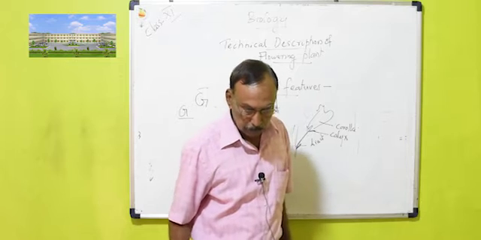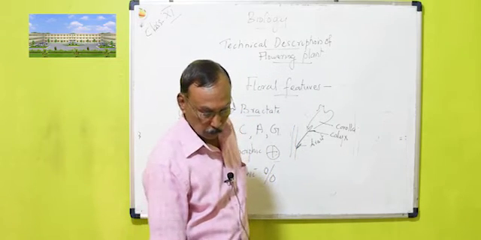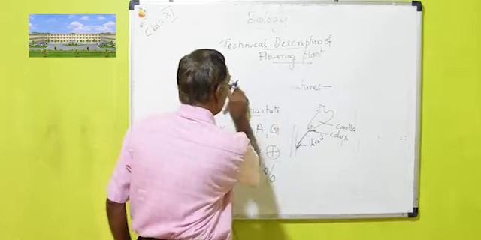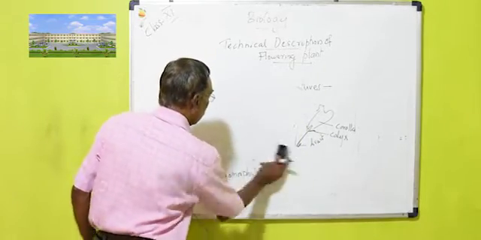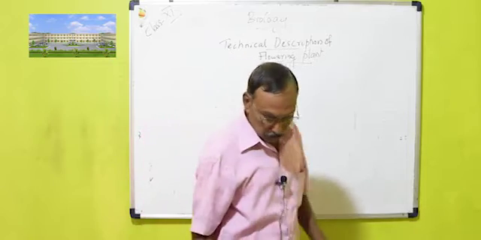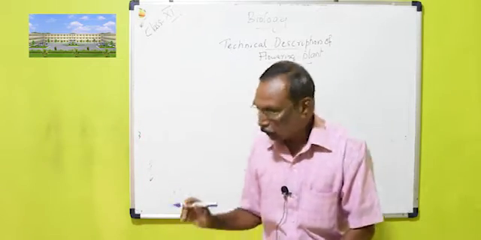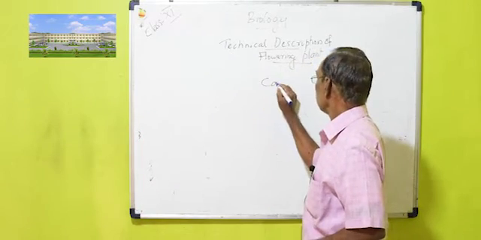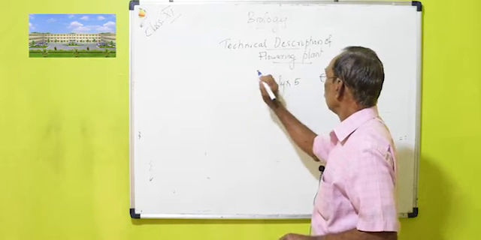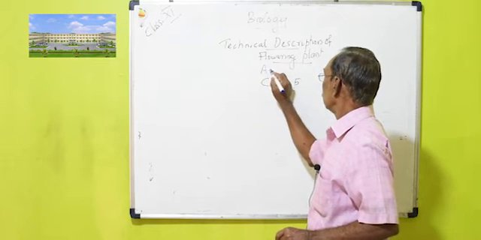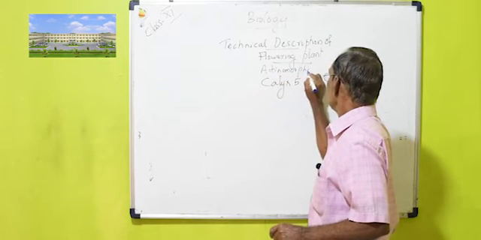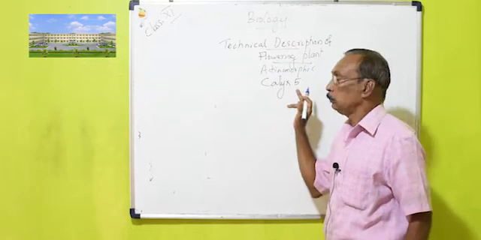Now, let us see the floral diagram and floral formula as an example. I am drawing the floral diagram first. Suppose a flower has calyx 5. First, actinomorphic: the flower can be cut into two equal parts through any plane.